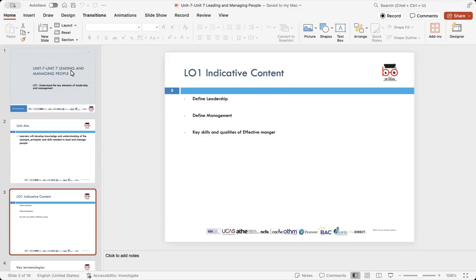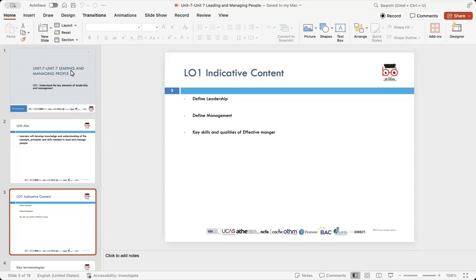Indicative content: define leadership, define management, key skills, and qualities of effective management. So basically, in this lecture, we will explore the key elements of leadership and management, focusing on their definitions, differences, and the essential skills and qualities required to be effective in these roles.